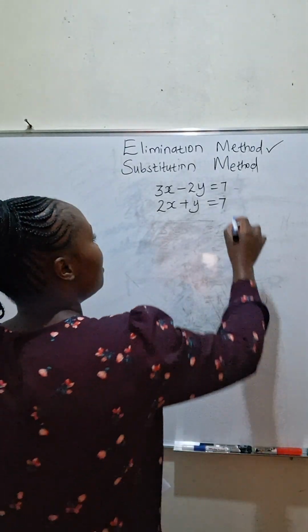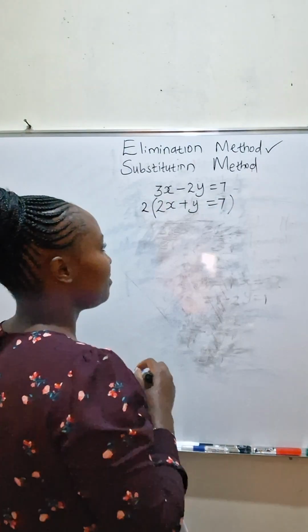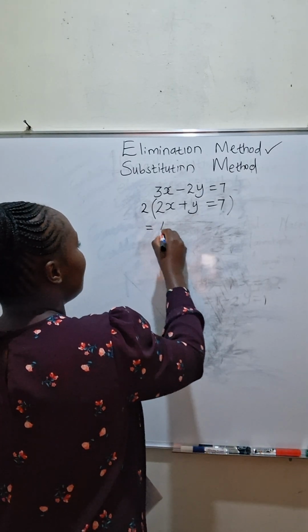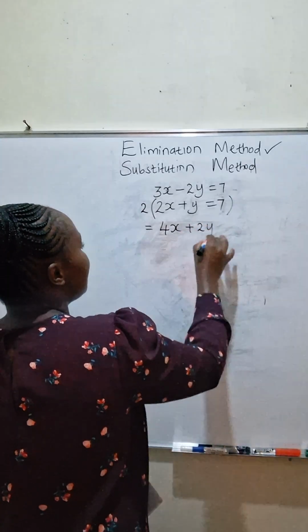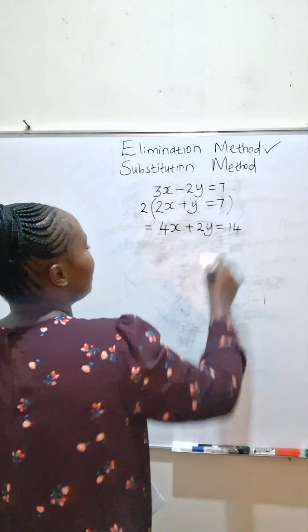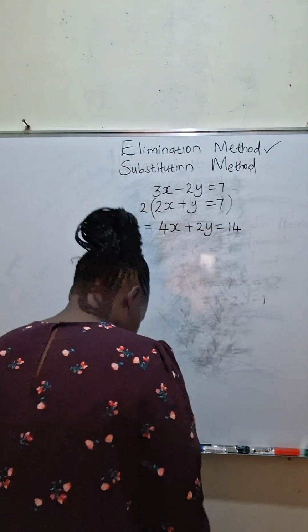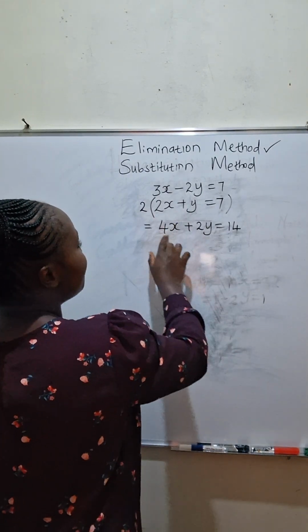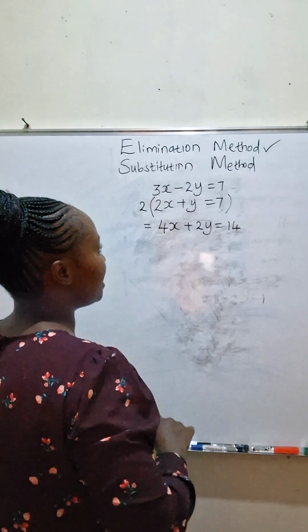So what do we do? Multiply this one by 2, okay? What do you get? You'll get 4x plus 2y equals 14. You multiply everything by 2. So 2x times 2 is 4x, y times 2 is 2y, and 7 times 2 is 14, okay?